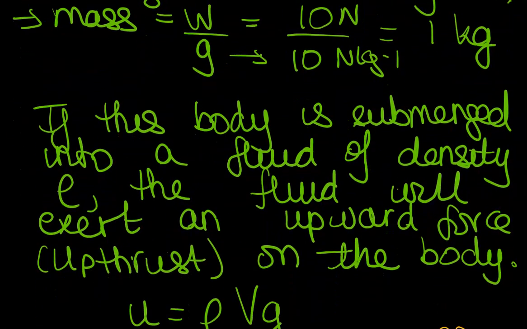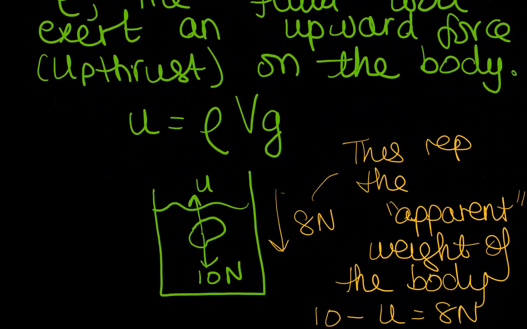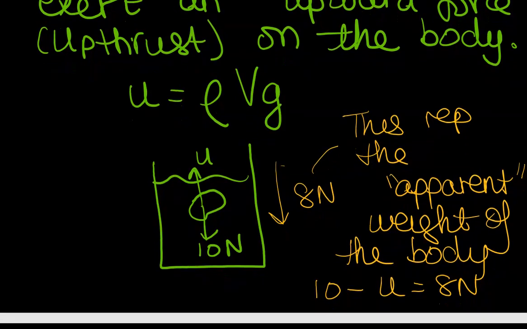Now, if you take this object and you submerge it into a fluid of density rho, then we saw previously that the molecules of the fluid would exert an upward force on the body. Remember, this is a resultant force. When we do an experiment, one of the more popular ones is that you immerse a body in a liquid and then you can attach it to a spring balance.